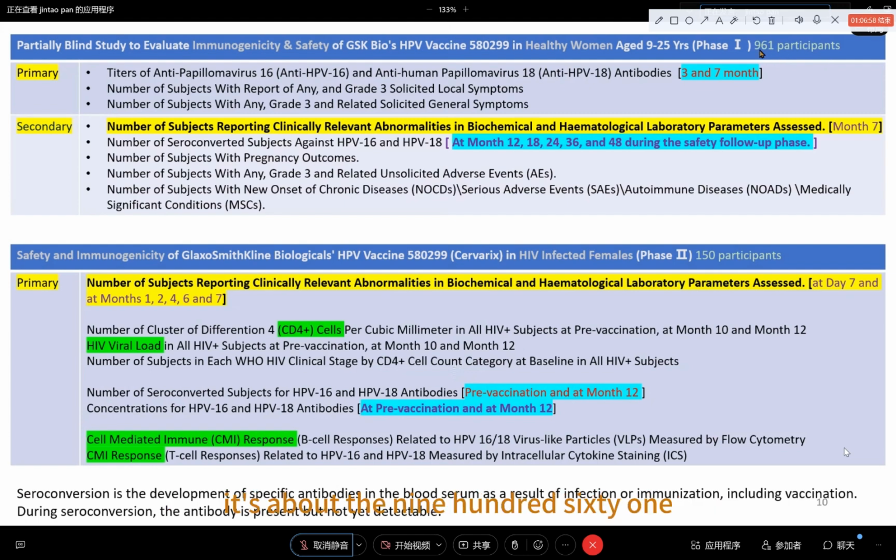It's about 961, but in phase 2, they only chose 150. The population is different because in phase 1 they chose healthy women, and in phase 2 they chose HIV-infected females. And they are different in the time point.